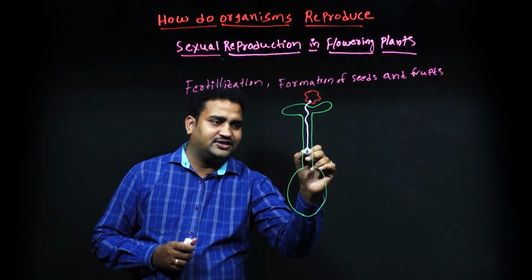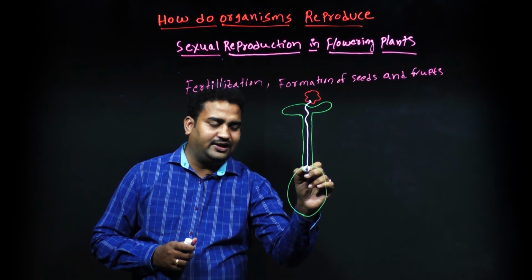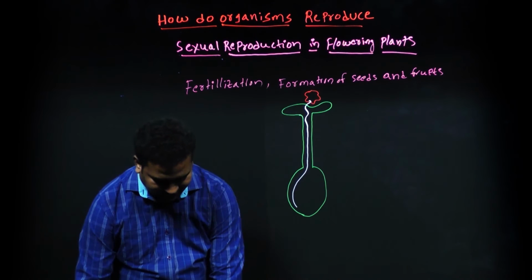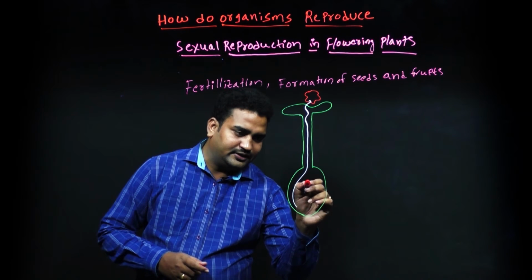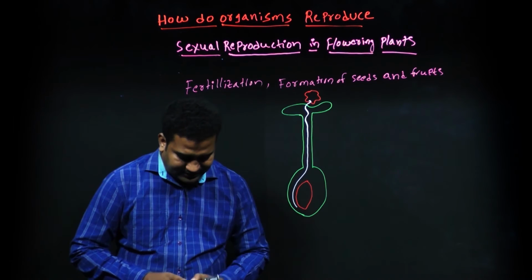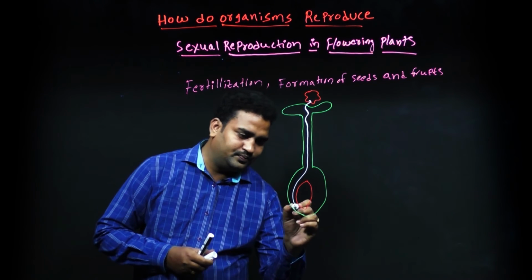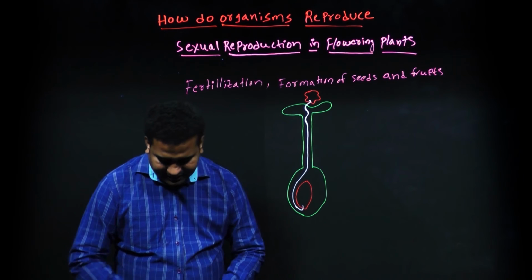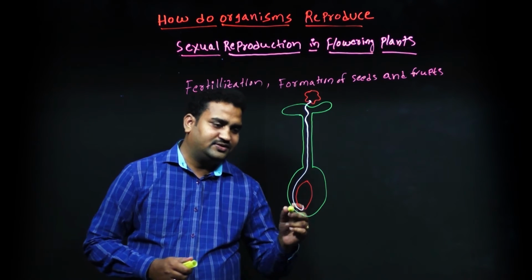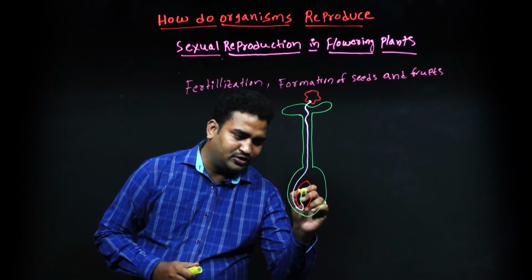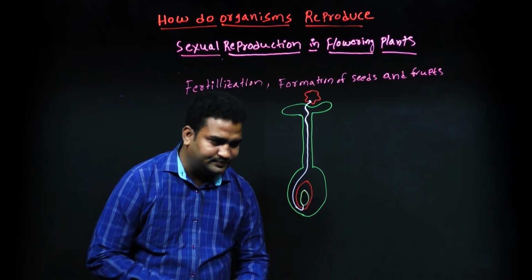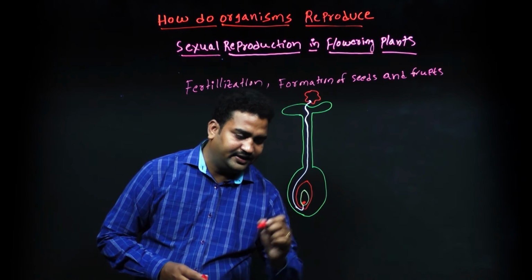This tube-like structure enters into the style. Through the style it goes into the ovary, and through the ovary it goes inside the ovule. Inside the ovule there is an embryo sac, and this embryo sac contains the egg. So this is the egg.